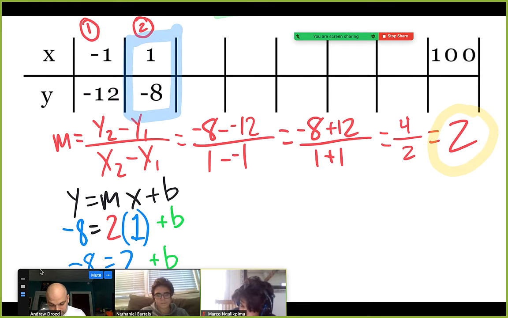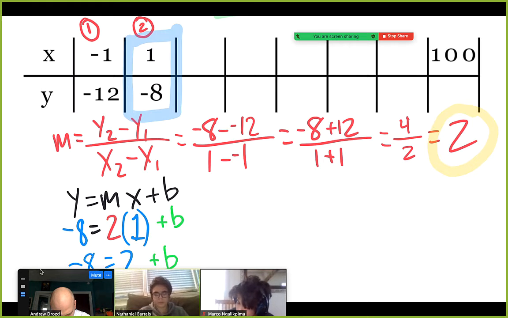And when we isolate b, what do we do? We want to isolate b. We're going to subtract 2. Beautiful. Okay.